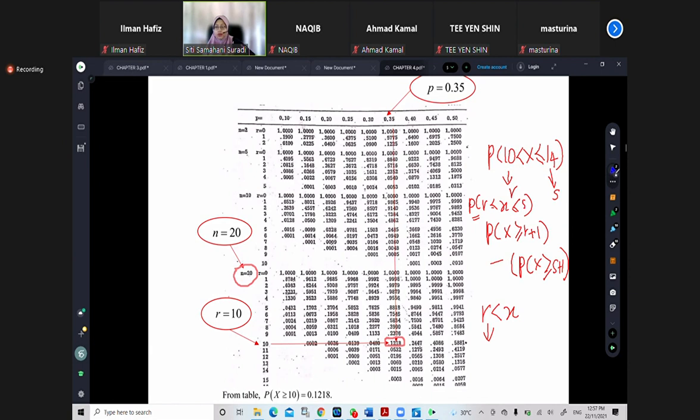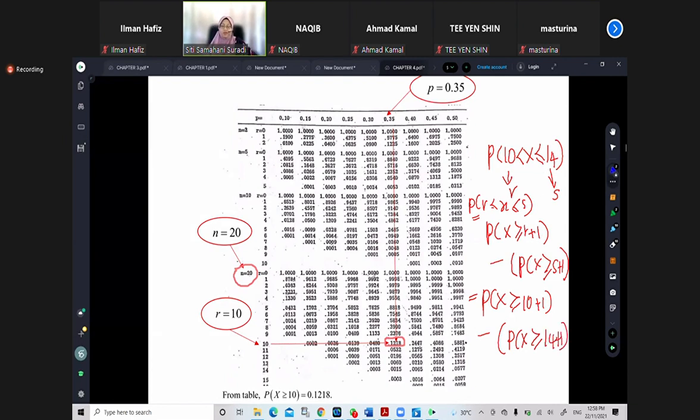So how to find the value? R was 10, right? So that means P(X more than or equal to R), which is 10, so 10 plus 1, minus P(X more than or equal to S plus 1), which is 14 plus 1.